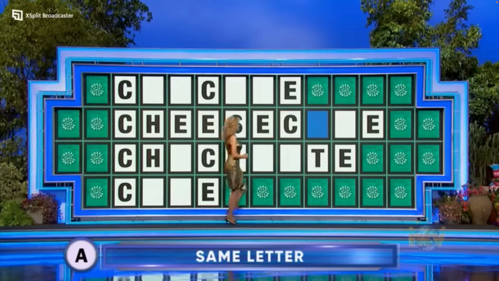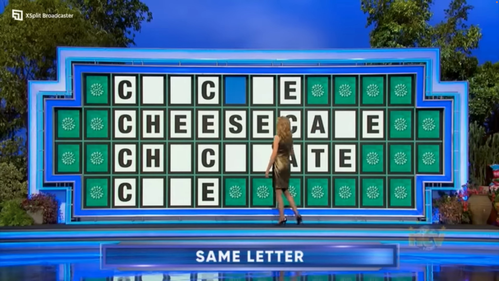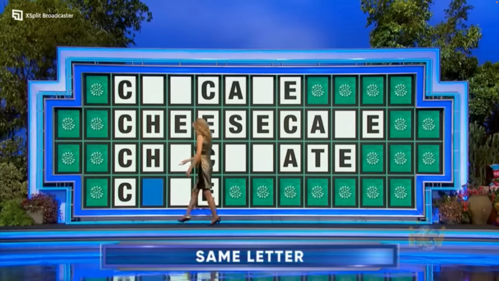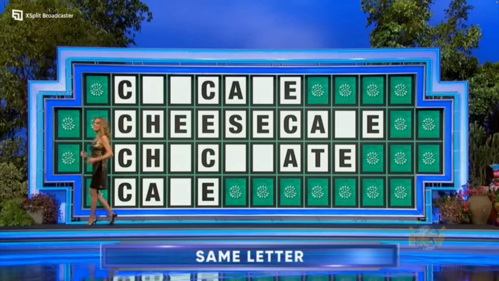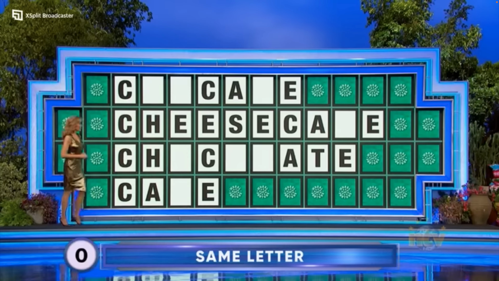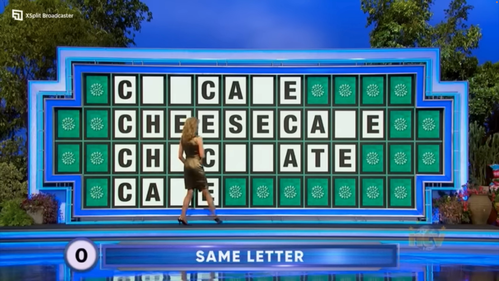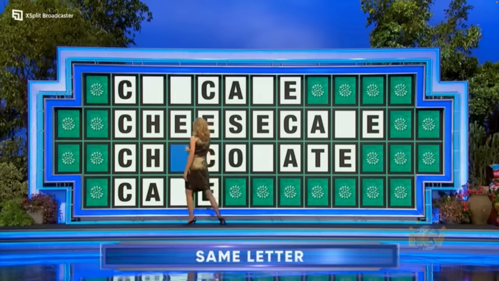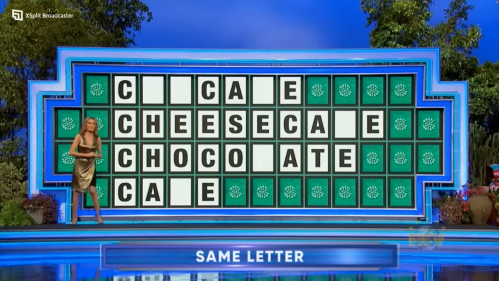I'd like to buy a vowel. Okay. A. Yep. 4 A's. There you go. I'd like to buy another vowel. O. 2 O's. Why don't you try them out? 900.